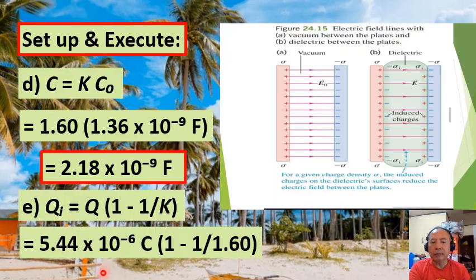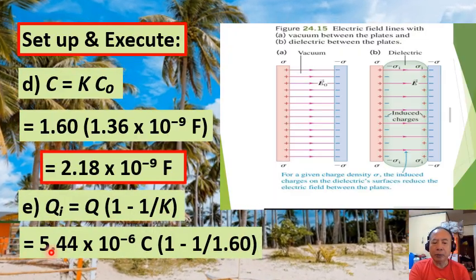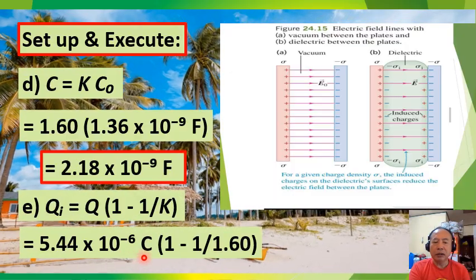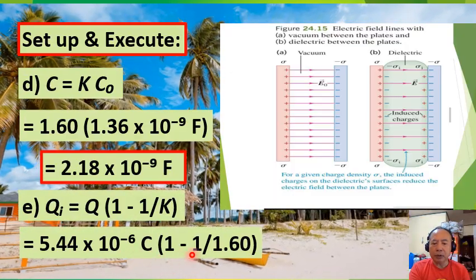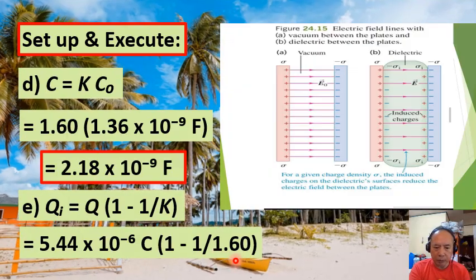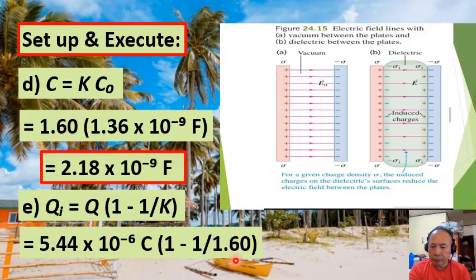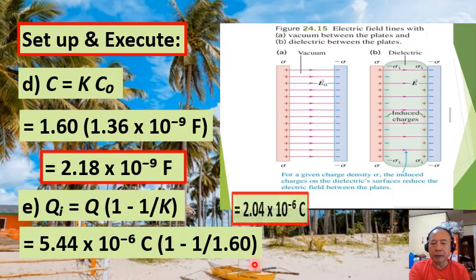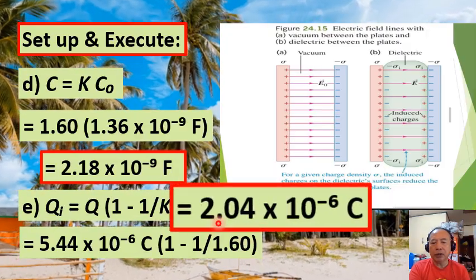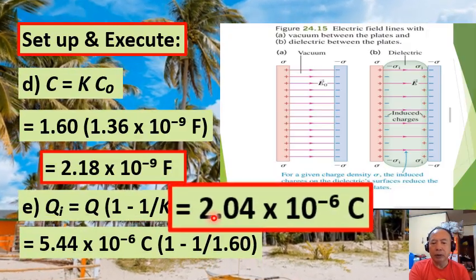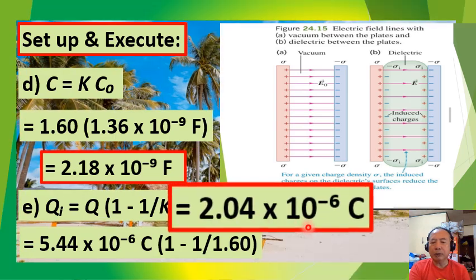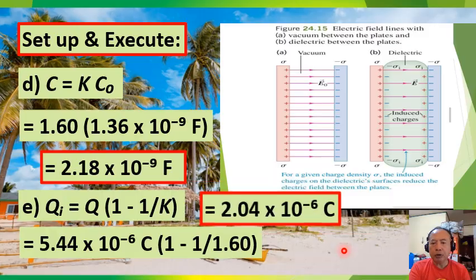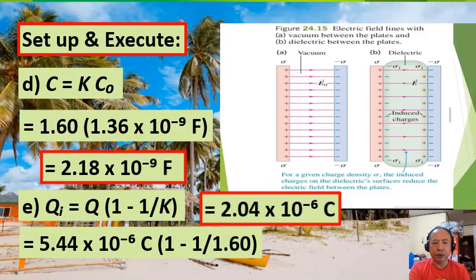That is, big Q sub I equals 5.44 times 10 to the negative 6 coulomb times quantity 1 minus 1 over 1.60. Doing our math, we get the value of the induced charge capital Q sub I equals 2.04 times 10 to the negative 6 coulomb, also in three significant figures.